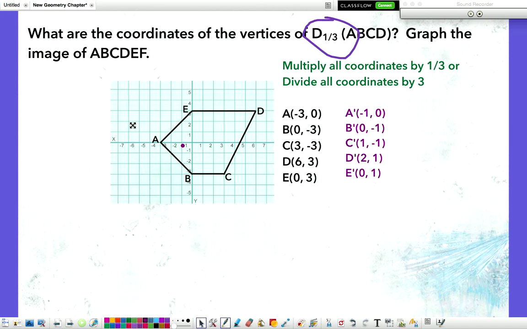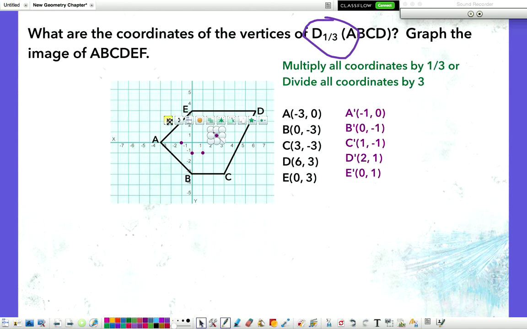All right. Oh, let's make that a little bit smaller. So we have -1, 0. 0, -1. 1, -1. 2, 1.